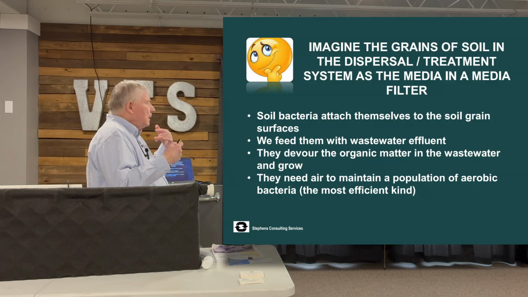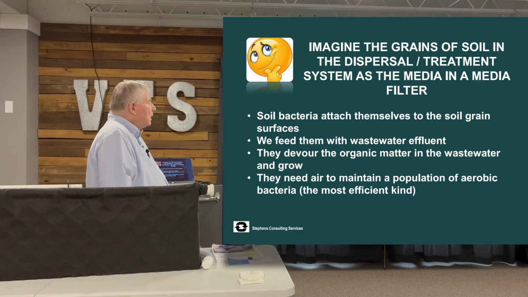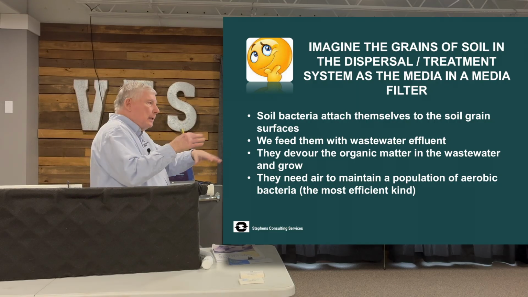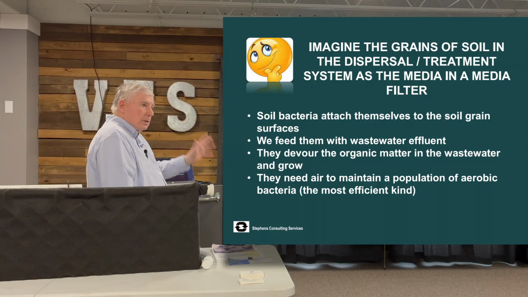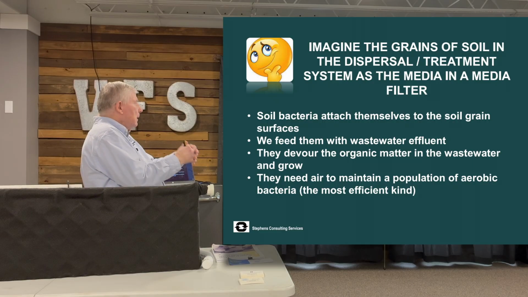Now imagine, here's what we're trying to accomplish with small doses. Imagine the grains of soil in a dispersal area as being a media in a sand filter, or some other kind of geotextile filter, or any other kind of media, peat filters, foam cubes, anything else. The soil bacteria attach themselves to the soil surface.